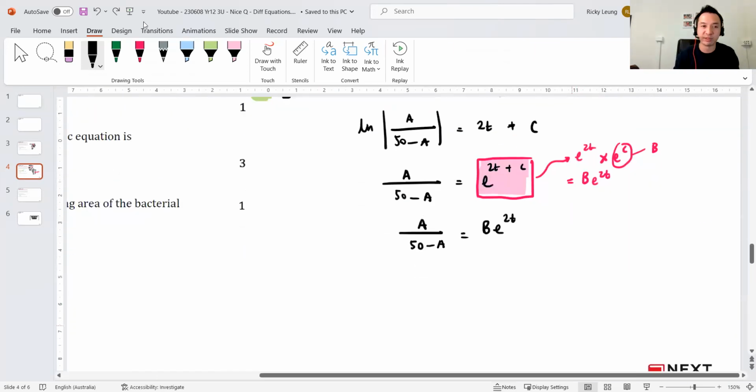Guys, a bit of algebra. Times the 50 minus a up, right? So it becomes like a equals to B e2t, 50 minus a. And I'm just going to expand that.